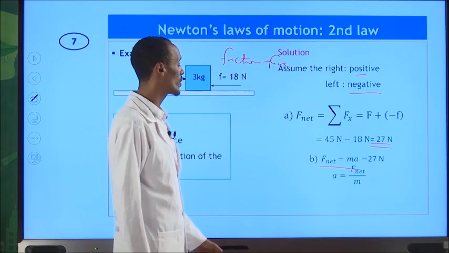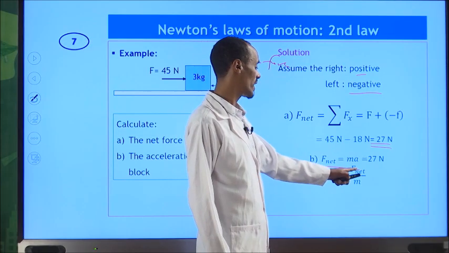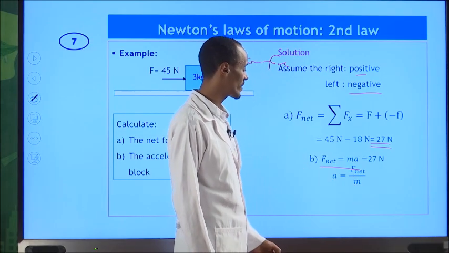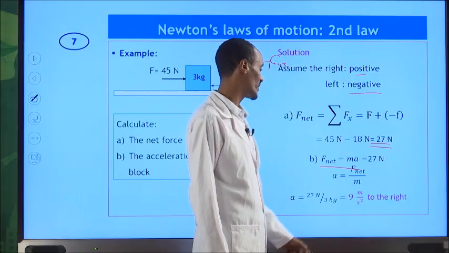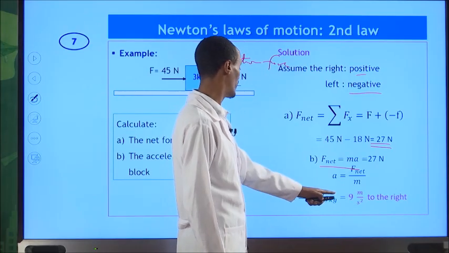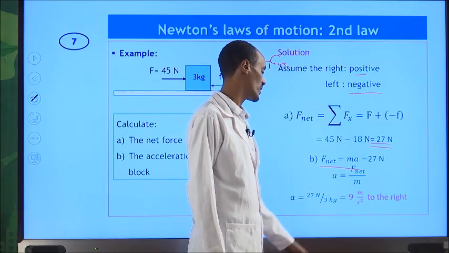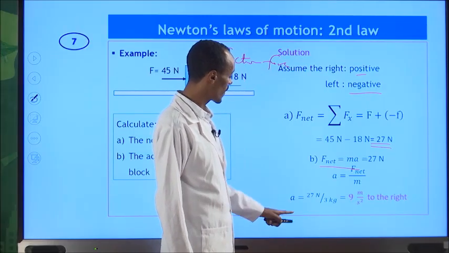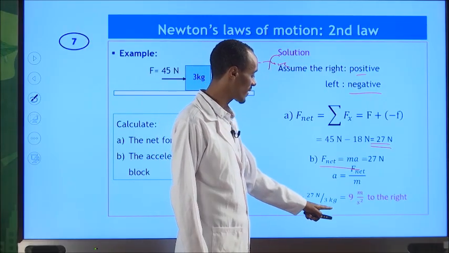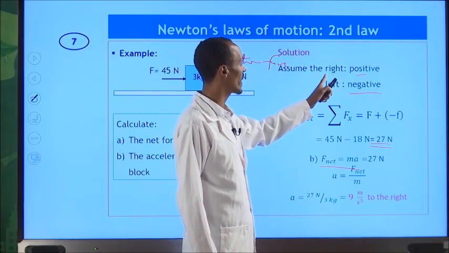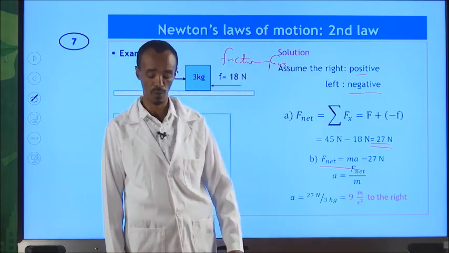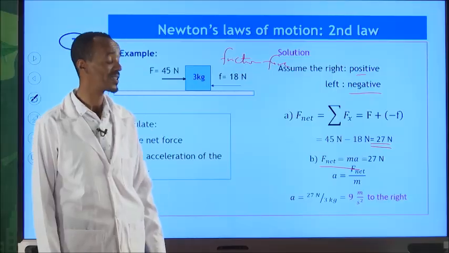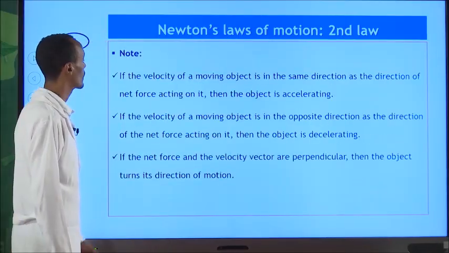So acceleration is given by the net force divided by the mass, which is directly 9 meters per second squared. When you divide 27 by 3, it will be 9. Because a is positive here, and we say the positive direction is to the right, the acceleration of the block is 9 meters per second squared to the right.